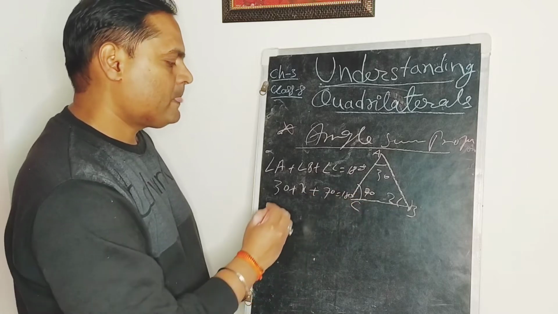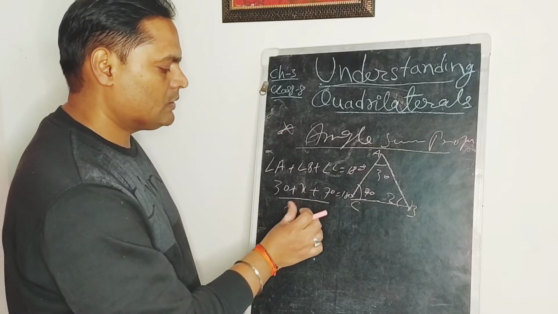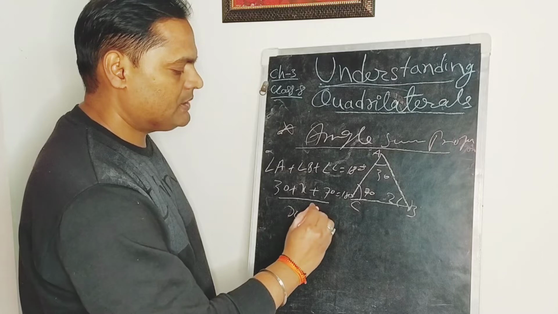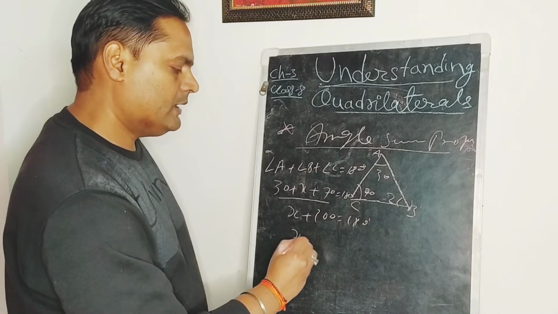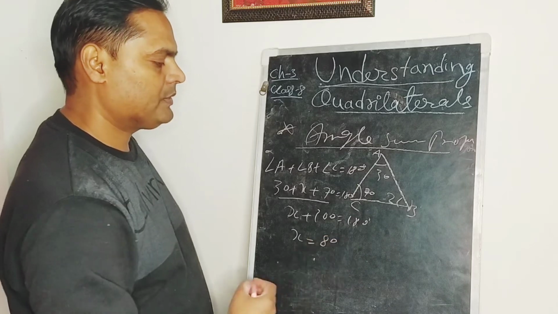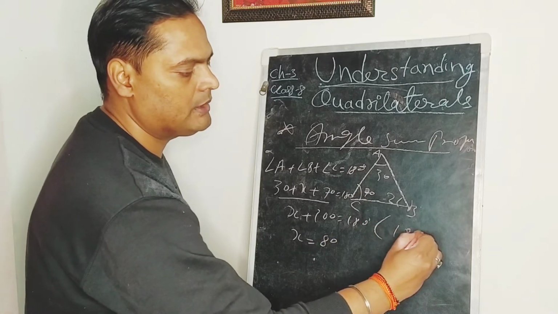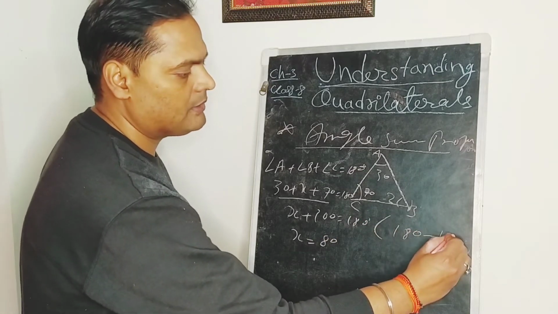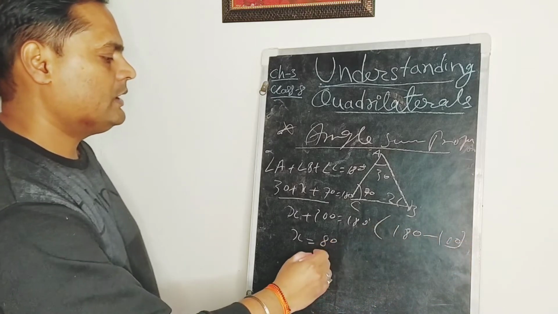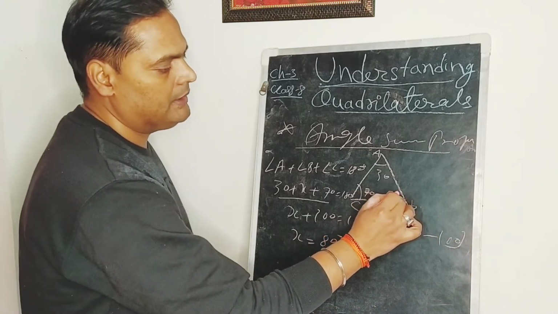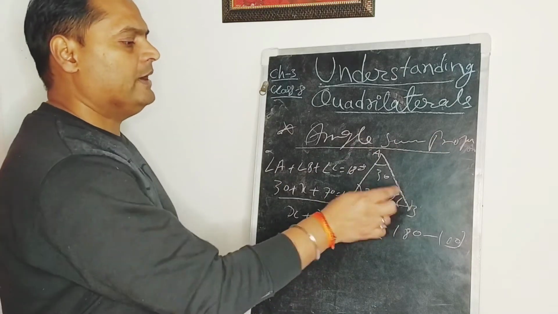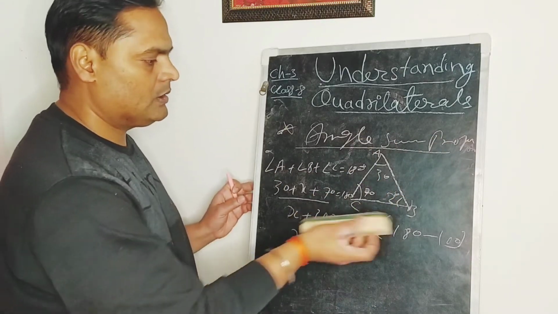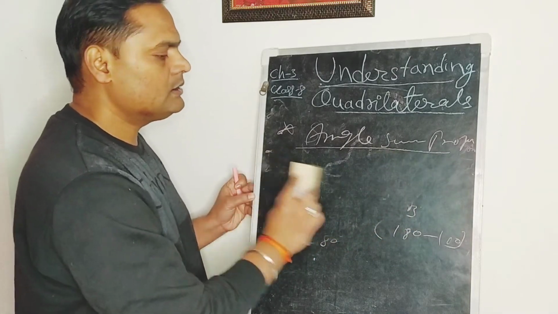So X plus 100 equals 180, so X equals 180 minus 100, which is 80. By the angle sum property we found the required third angle.